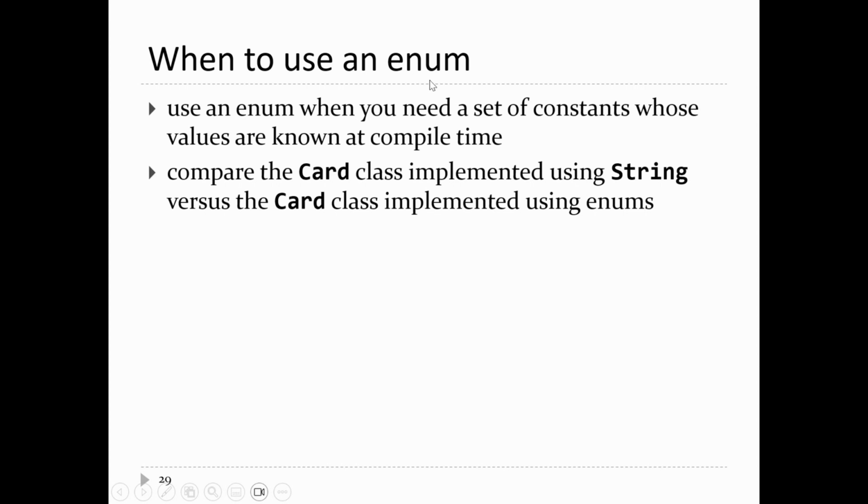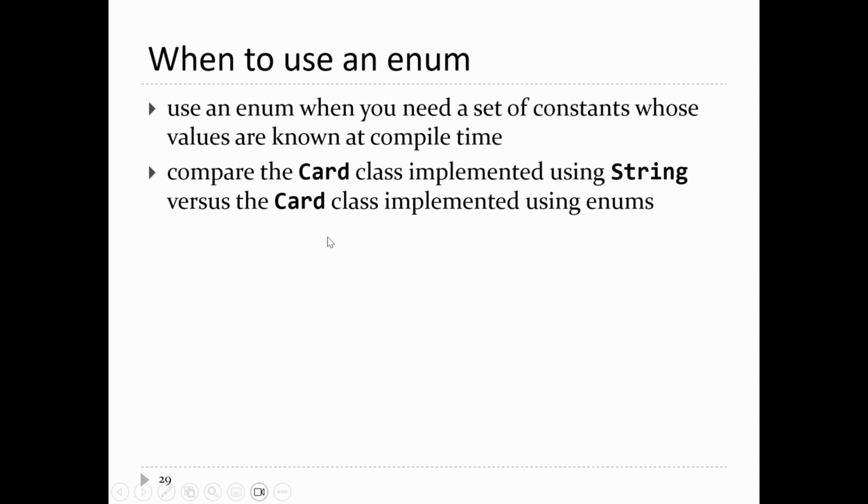Okay, so when else should you use an enumeration? If you have a group of constants that are related to one another, the number of constants is fixed, and you know what they are ahead of time, then you should consider using an enumeration. So this mentions the card class, which only makes sense if you're reading the notebooks for the course.